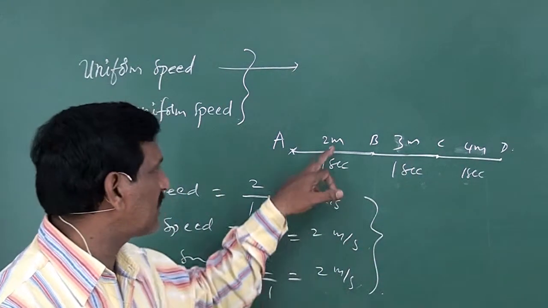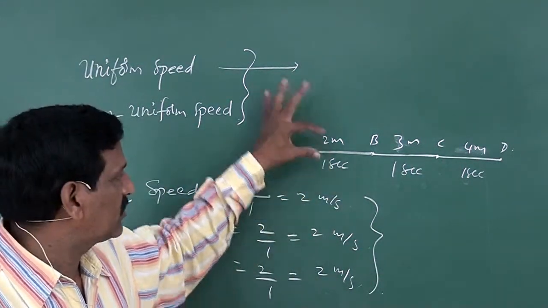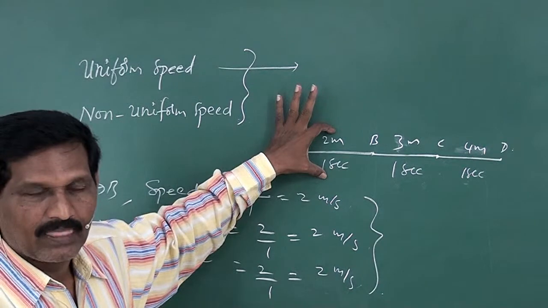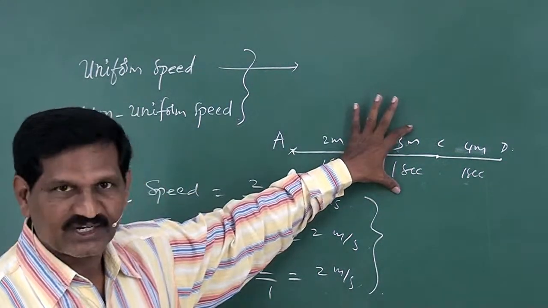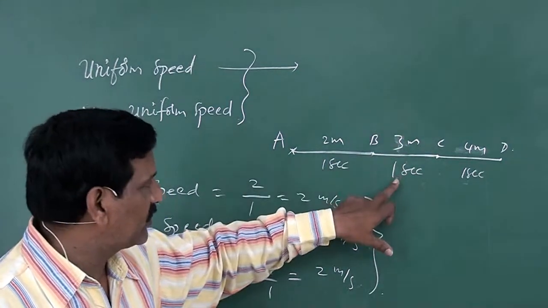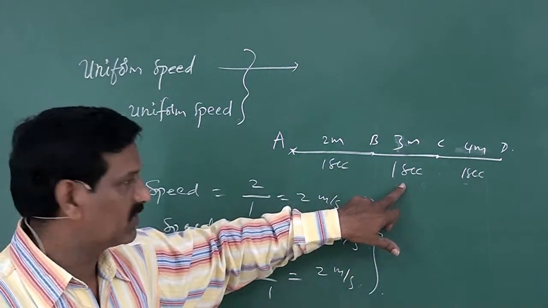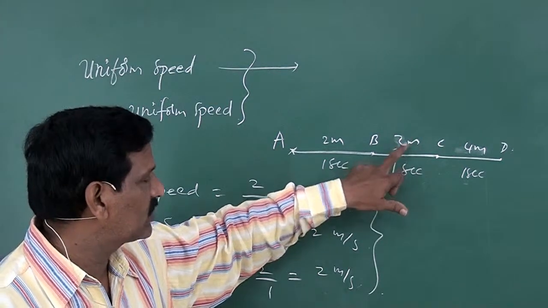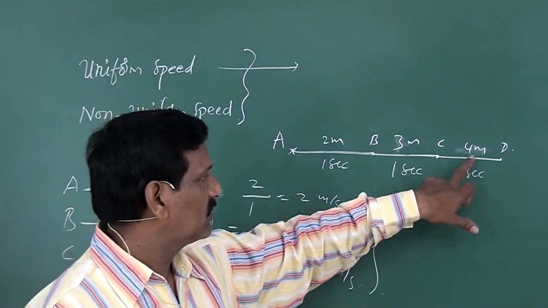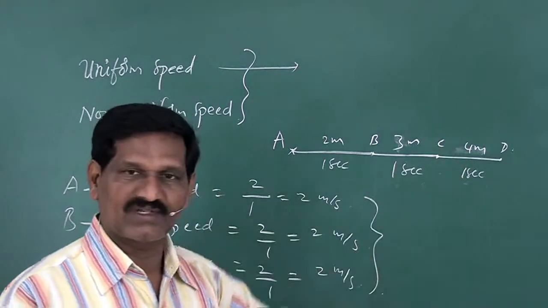In the first second it travels a distance of 2 meter. That means during this time interval, speed is 2 meter per second. In the second part, speed is 3 meter per second, because in 1 second it travels a distance of 3 meter. And here speed is 4 meter per second.